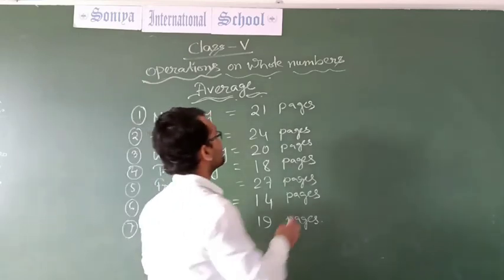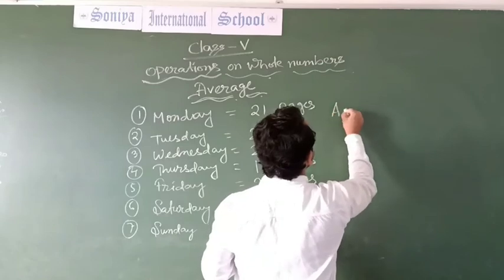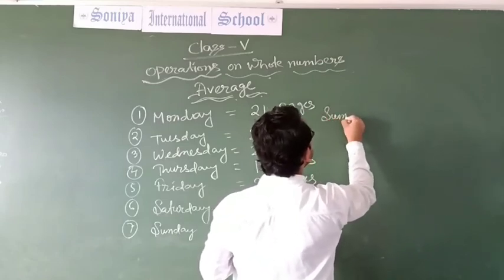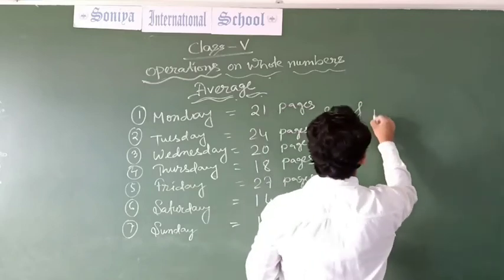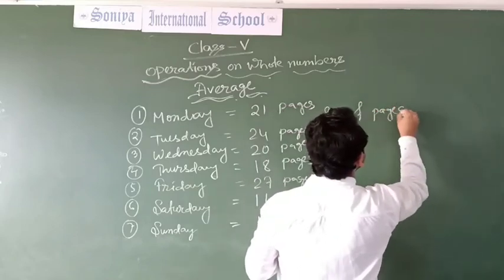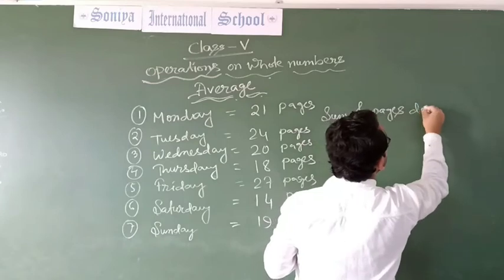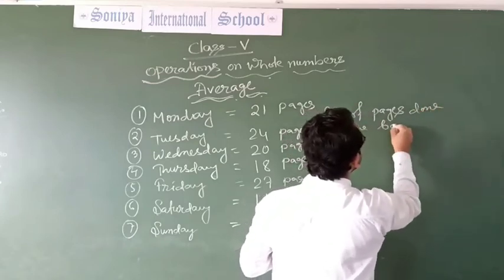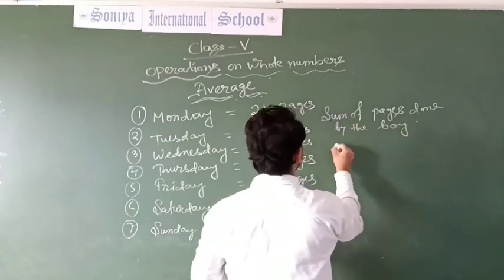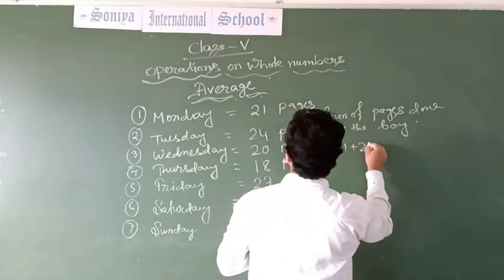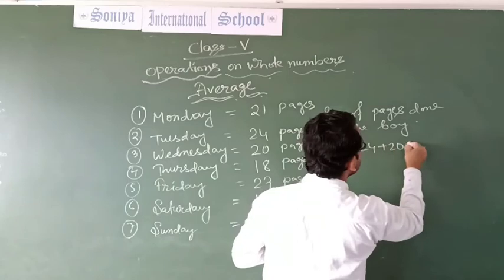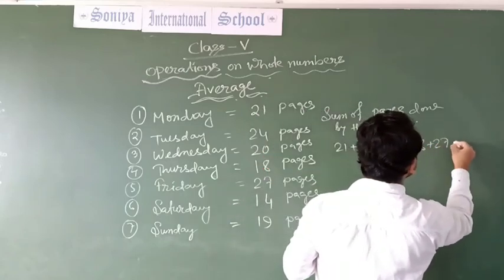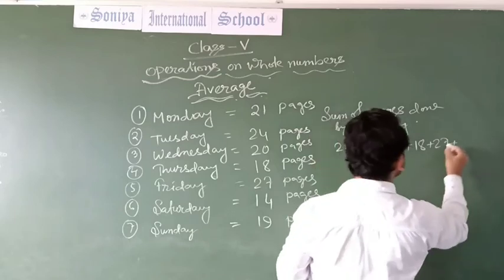So average is the sum of pages done by the boy: 21, 24, 20, 18, 27, 14, 19.